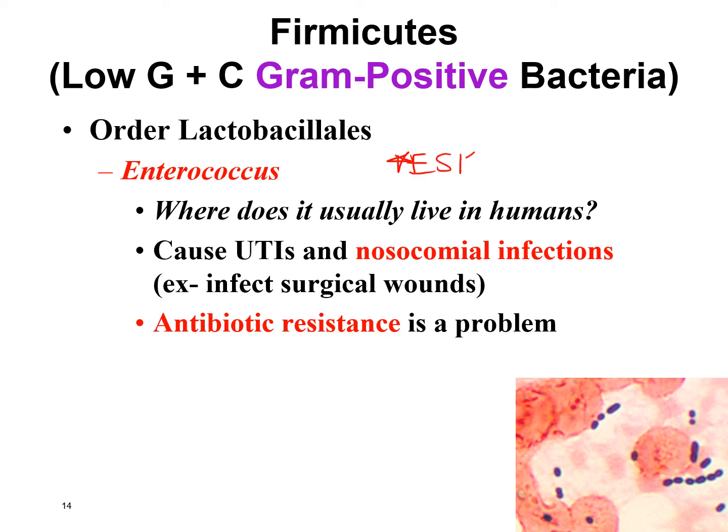Being one of the ESCAPE pathogens, antibiotic resistance is going to be a problem with this bacteria. Also it can cause infections in hospitalized patients, so it can cause these nosocomial or healthcare associated infections. Maybe it gets into a surgery wound, it can cause UTIs, so it can cause some problems.